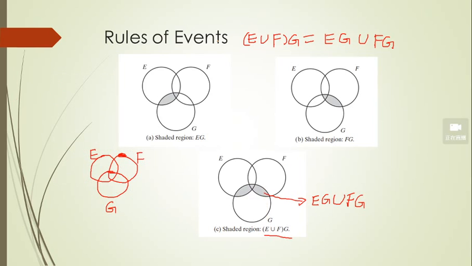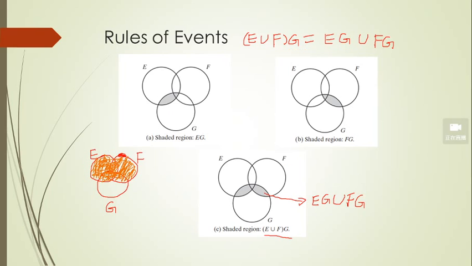So the left side, let's look at the left part. E union F, E or F, should be all those orange parts. We should shade both circles E and F, right? That is E union F. Then (E union F) and G means intersect with G, right?